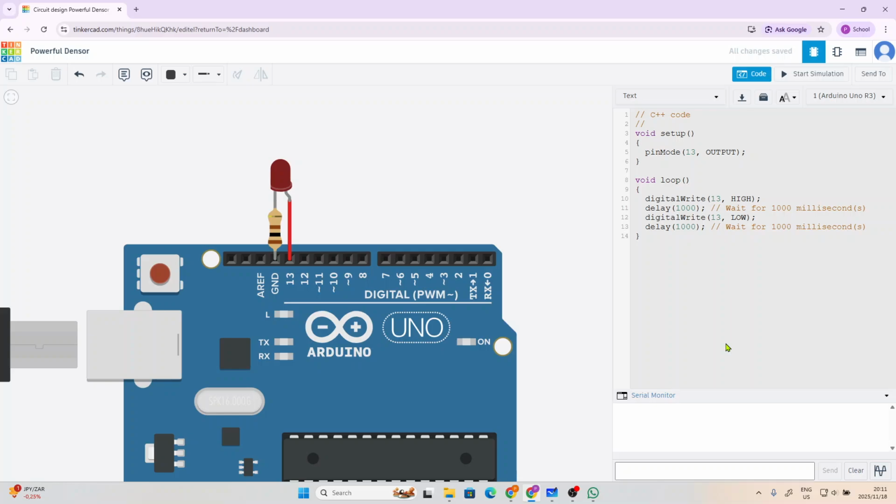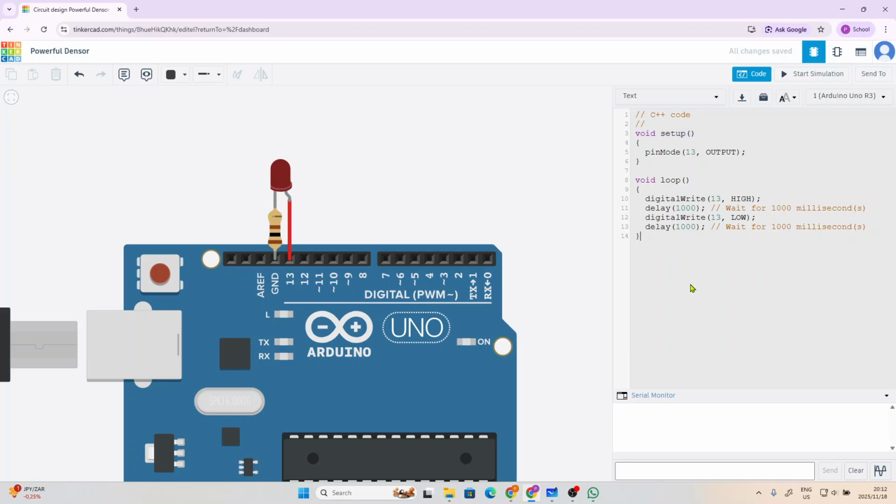The void setup and the void loop are something we call functions. A function is defined like this. Whatever is inside the function will only run if the function is summoned.